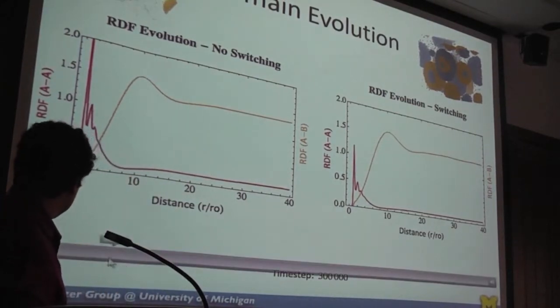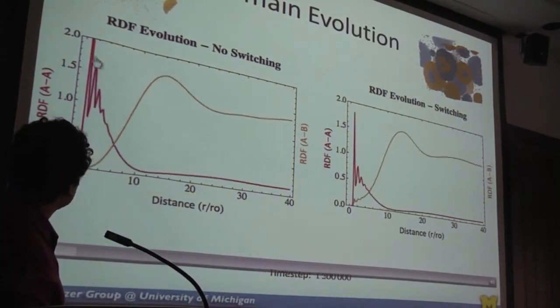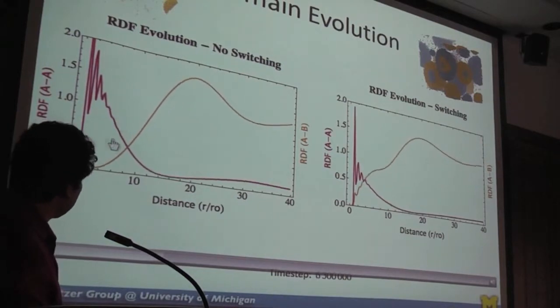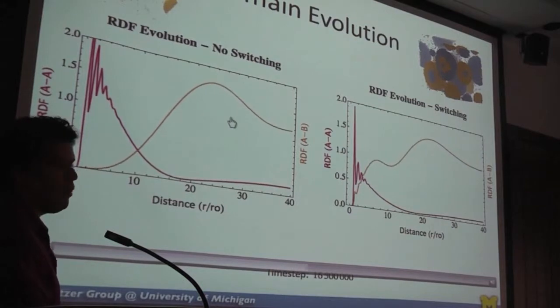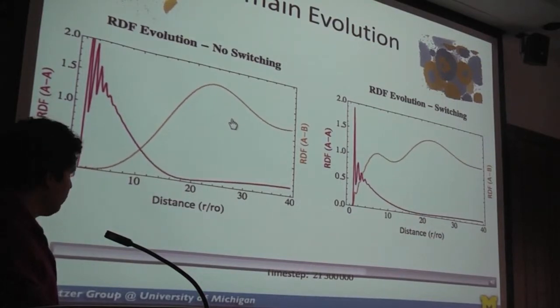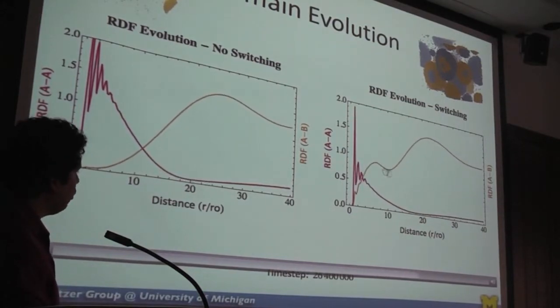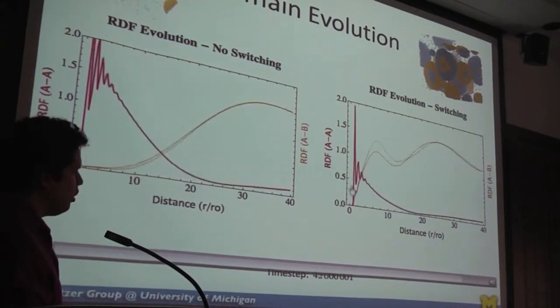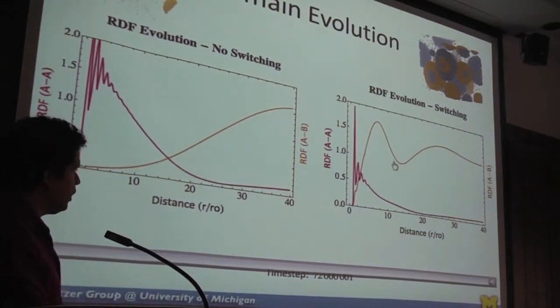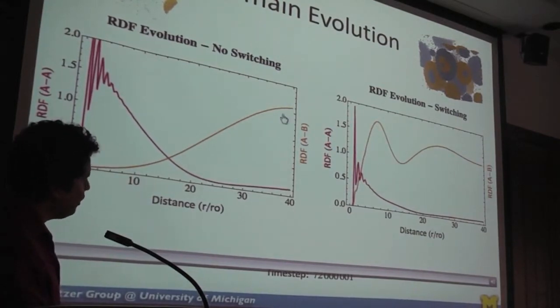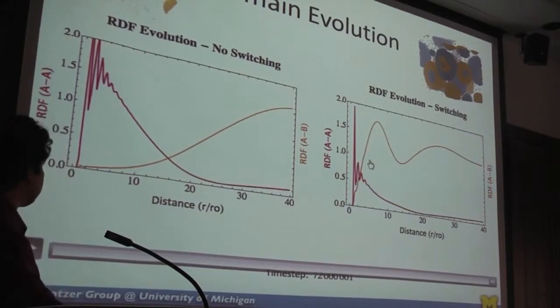So here we can see that as the time goes through, when there is no switching, particles of the same type are grouping together, particles of the opposite type are getting farther and farther away. Right? And then when there is switching, these ones are getting together, but the switching is forcing this new interface in the particles. Again, before we could only see them getting farther away. Here we see them getting farther away, but we're forcing this inner layer from within them.